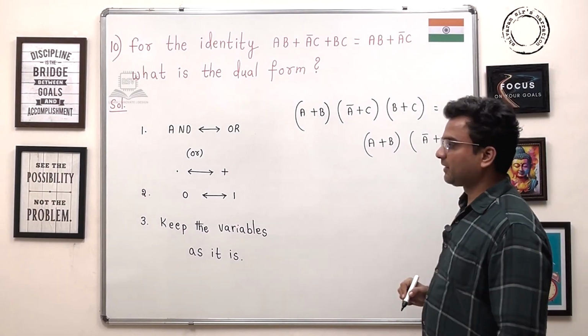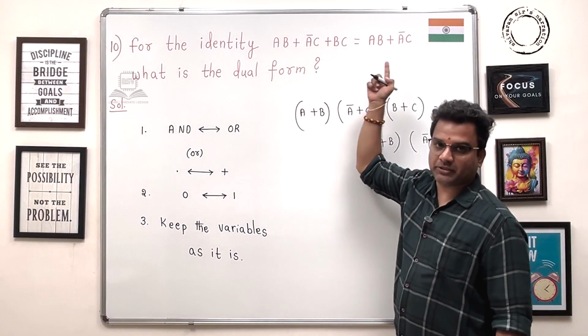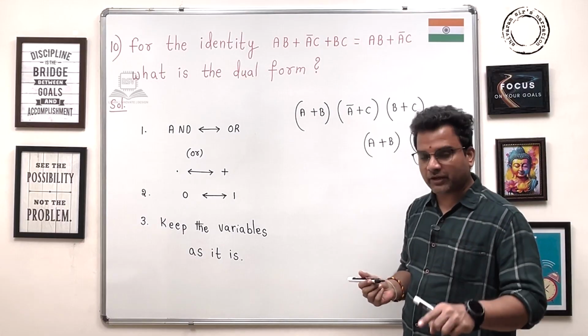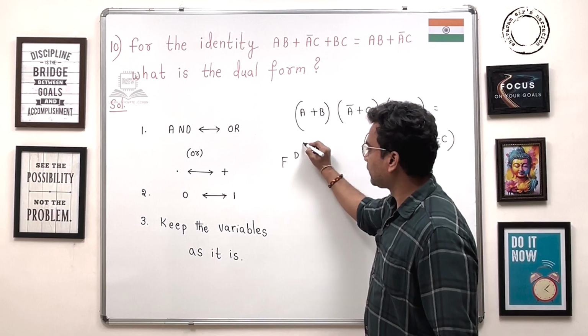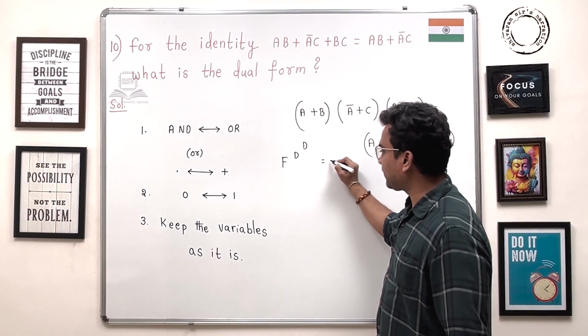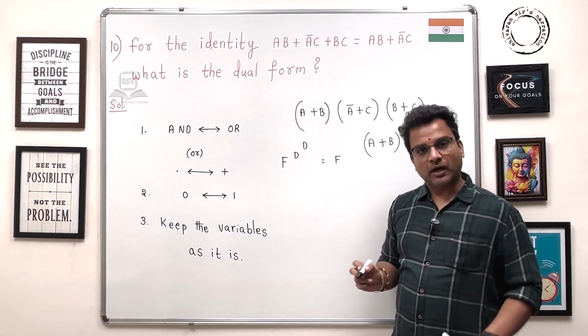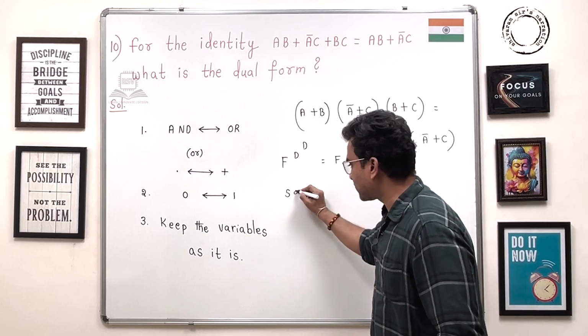That's it guys. This is the dual expression of that given expression. Got it? And guys, you know very well, for any function, if you apply dual 2 times, then that will be equal to F only, the same function. However, there is one self-dual function.